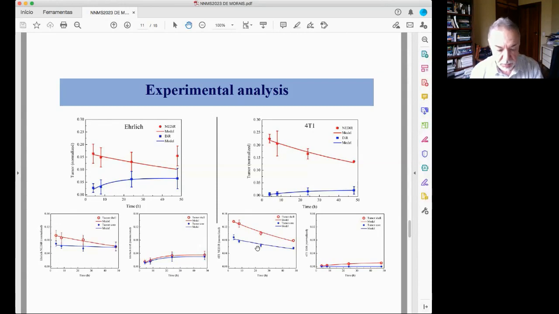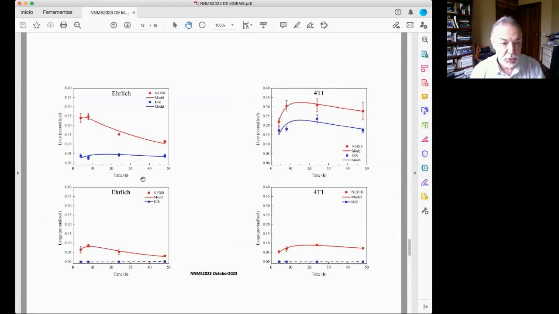So different compartments here means the shell and the core of the tumor. Of course, we did the same analysis for the two organs we chose, which are the lung and the liver. So here on the left-hand side are the data for the nanoemulsion, the red dots, and for the free drug.